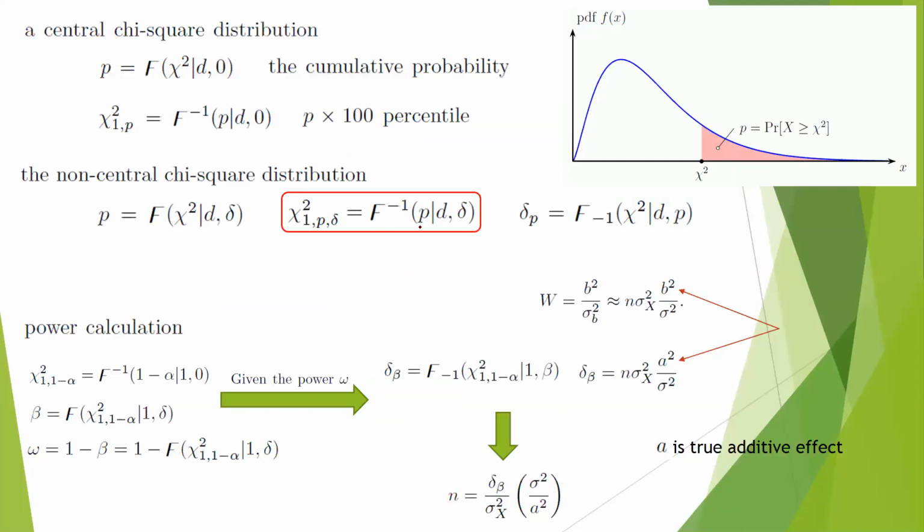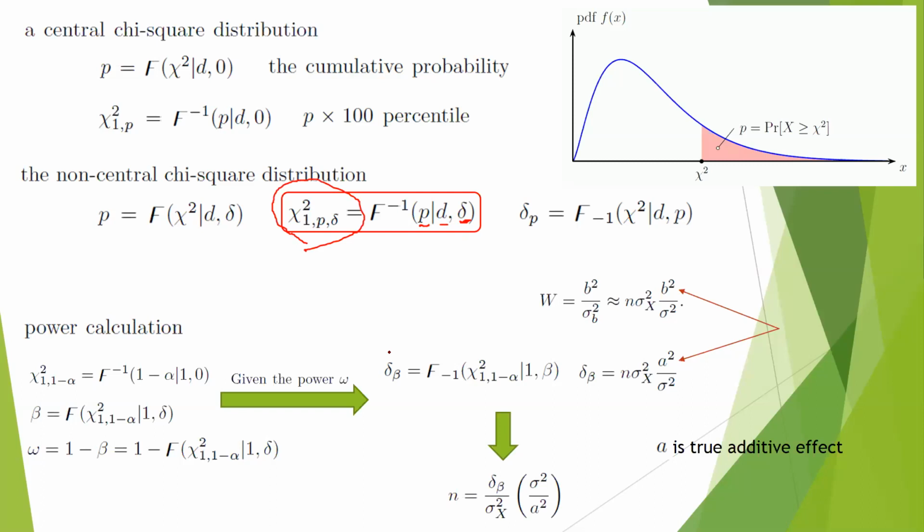Okay, so suppose we knew the parameters here: the non-centrality, the degrees of freedom, and the percentile. Based on the definition of the non-central chi-square distribution, we can calculate the critical value of the chi-square statistic.